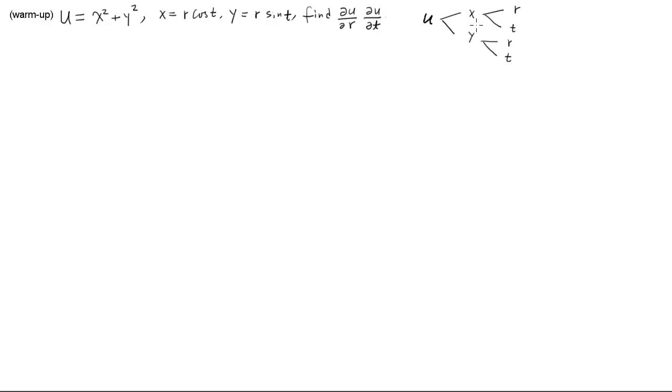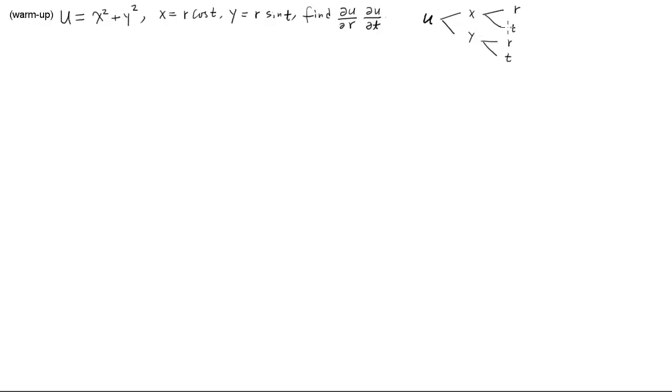And in this problem, r and t are independent variables. x and y are intermediate variables, and u is the dependent variable. Our idea is that we have to take derivatives with respect to either r or t. And we need to remember that both x and y are functions of r and t.